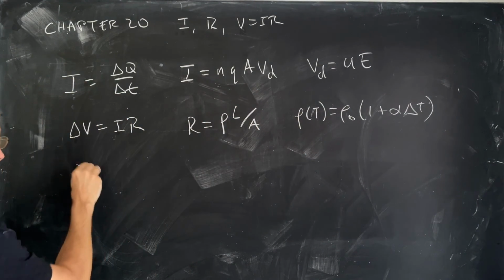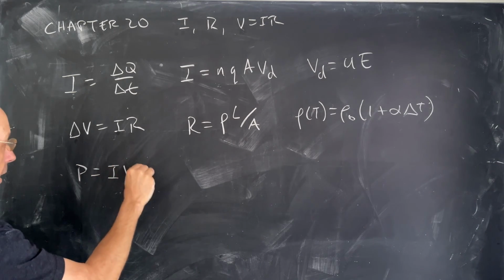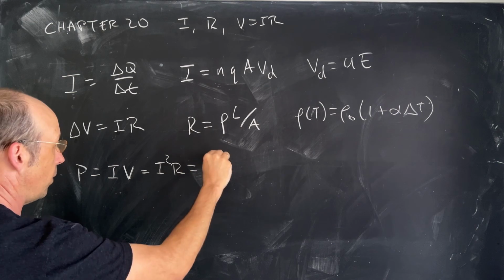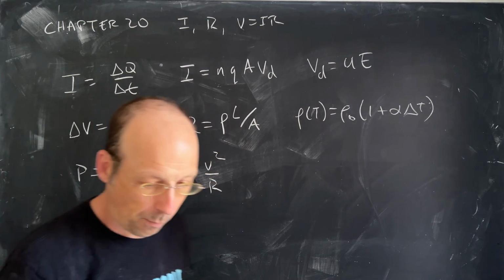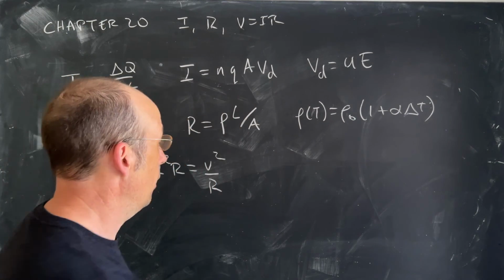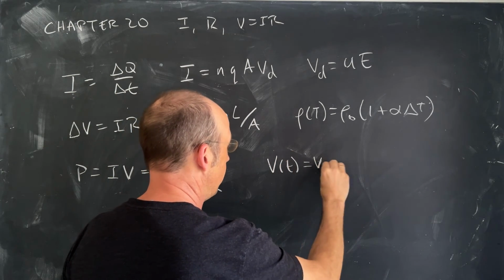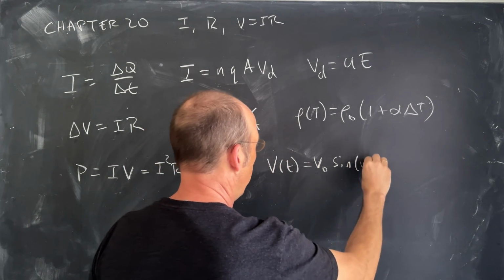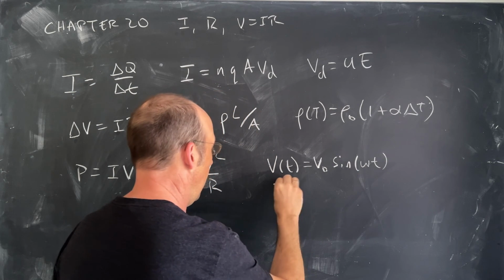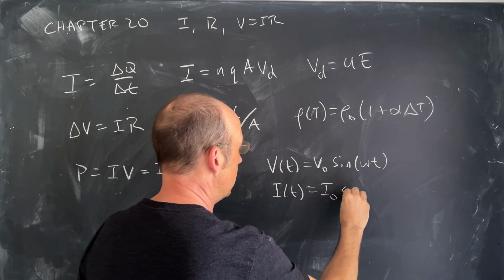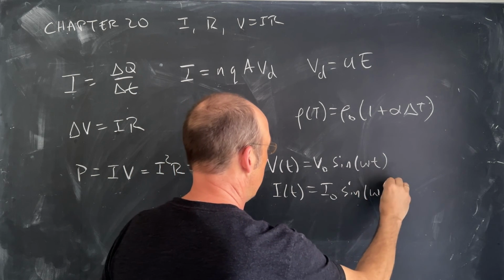Power, I times V, which is I squared R, which is V squared over R. V as a function of t for AC circuits is V0 sine omega t. I as a function of time is I0 sine omega t.